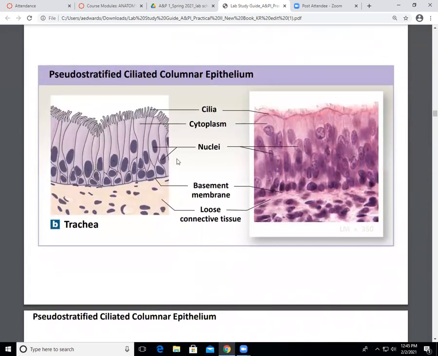Another view, again, I don't know if y'all can see this, but some of the cells, like this one goes all the way to the basement membrane. This one does too. This one does not. This one does not. This one does not. All right, this one does not. So it's not a truly stratified epithelium.